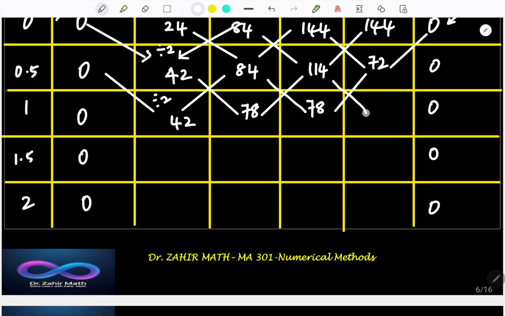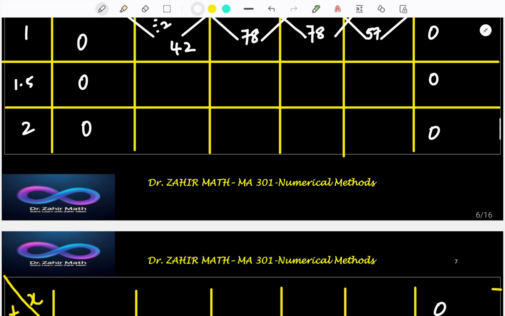If you want to fill up this one, you take this and this divided by 2, which is 114 divided by 2, which is 57, right? So is it okay? Shall I fill up all these values? Yes, okay, right. So this value is 0, this is 39, this is 78, 60, 67.5. No, sorry, I took the wrong value.